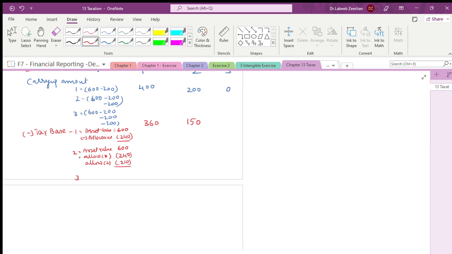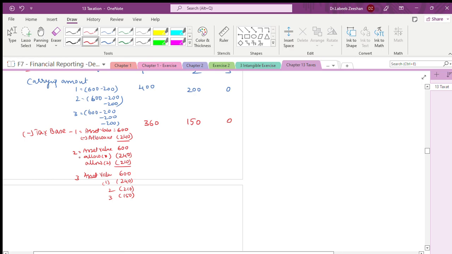Third year, same thing. You do it separately. Asset value is 600. First year it is 240, second year it is 210, third year it is 150. Means there is no tax base here.